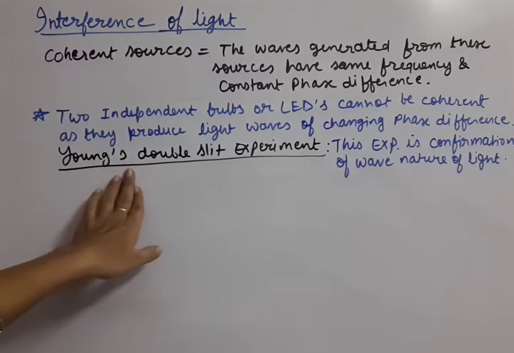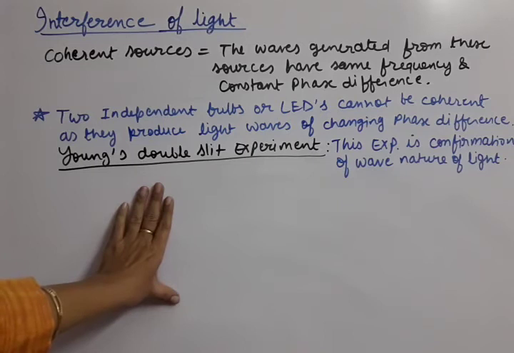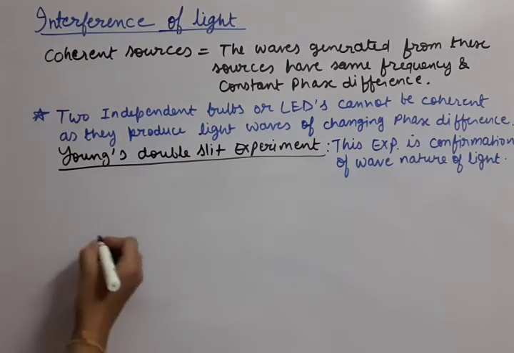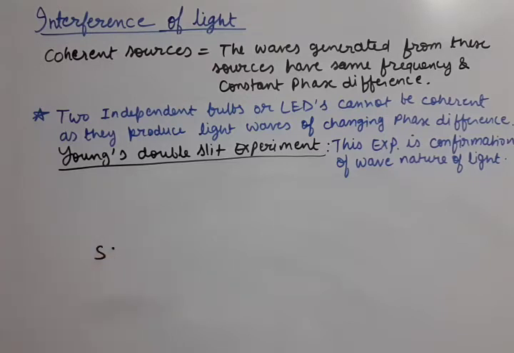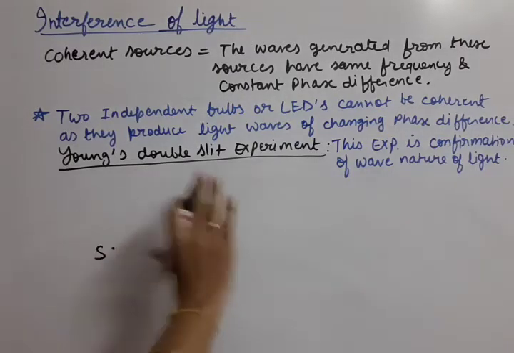So what Young wanted was to make two input light waves from two coherent sources. So how to make two coherent sources? The idea was this: first of all a source is taken. This is the source, and from this source the light is generated in this side.